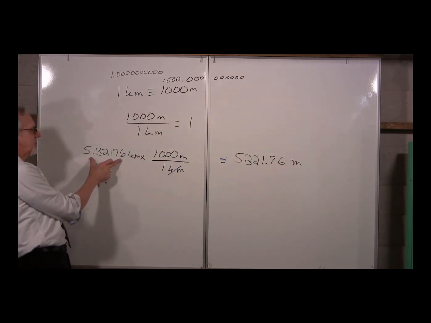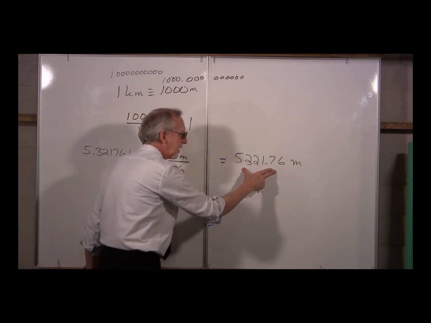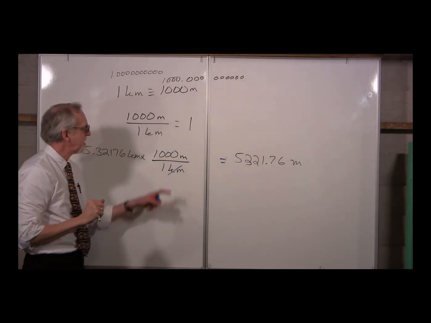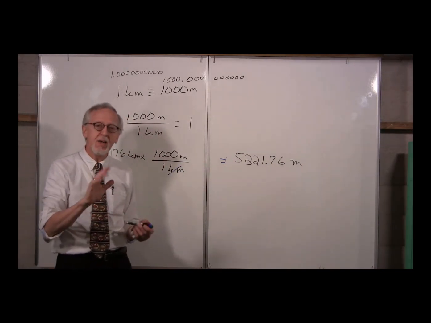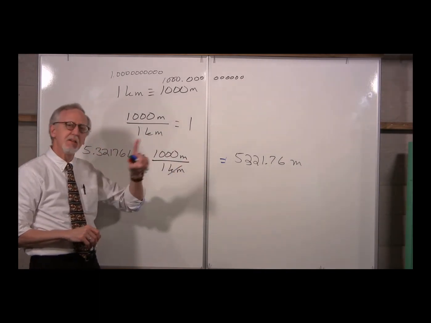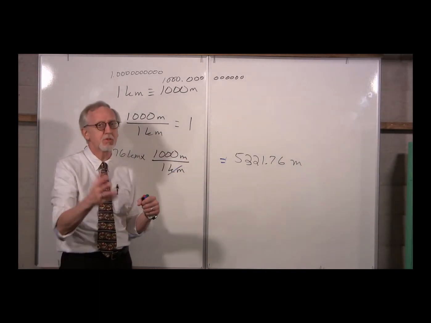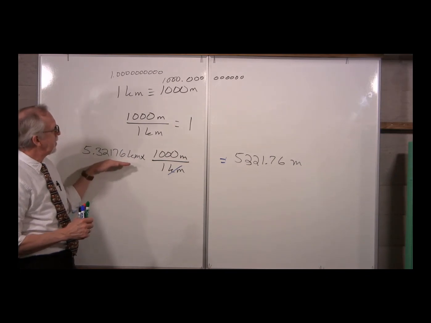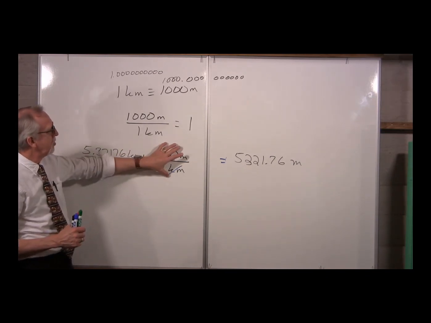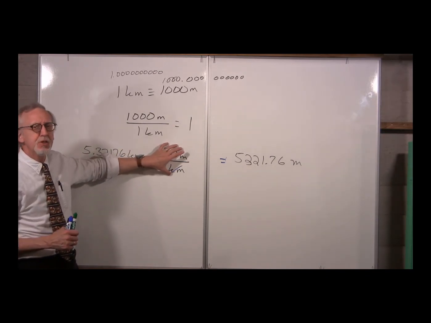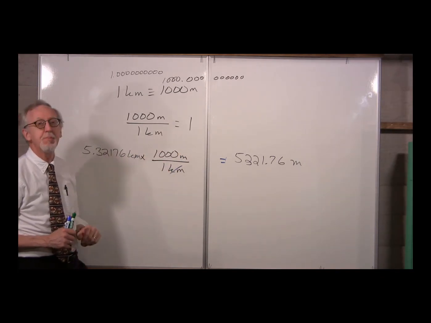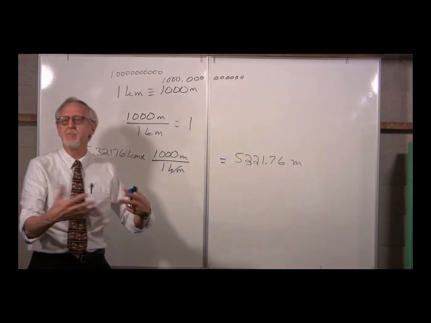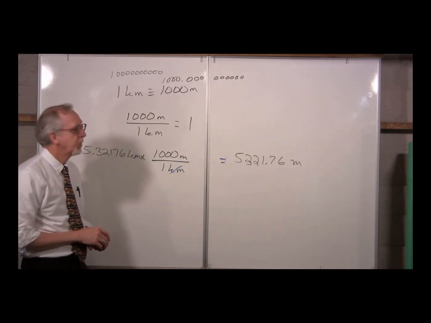We have 6 sig figs over here. We have 6 sig figs over here. We ended up just moving the decimal point 3 places. So when you have an exact value, and there are some other places where exact values will come in, we'll talk about those later, you don't need to worry about how many sig figs are shown in the definition. Just keep in mind that it's a definition, so it has as many sig figs as we want. Okay, very good.